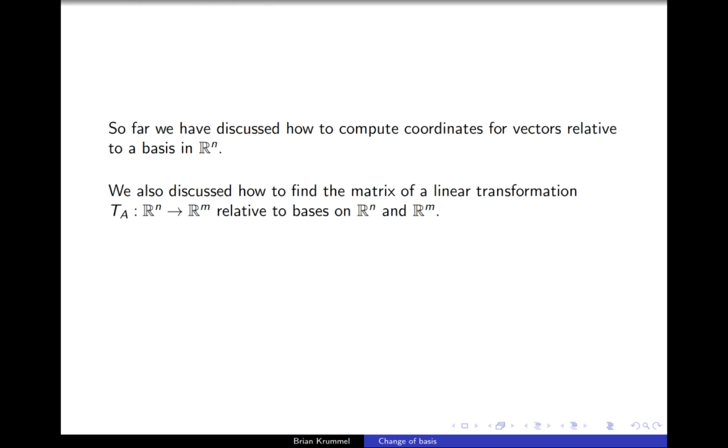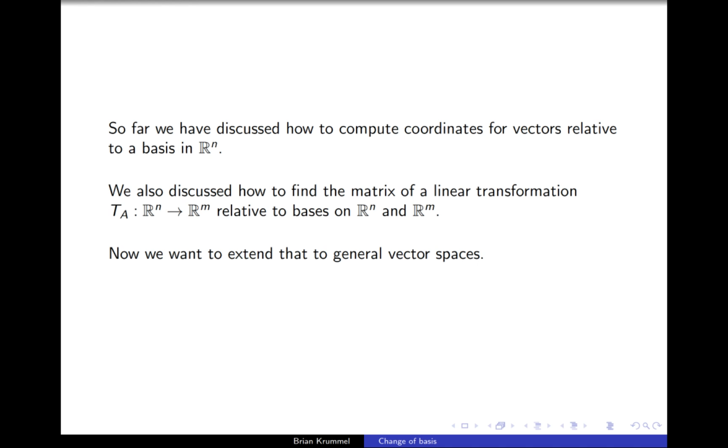What we've also discussed is that if you take an m by n matrix, you can represent that matrix by a linear transformation T sub a, which maps from Rn to Rm, and then you can put bases on both Rn and Rm and represent the linear transformation in terms of a matrix relative to the new basis. So in other words, you can look at how a matrix changes when you work in terms of coordinates relative to different bases.